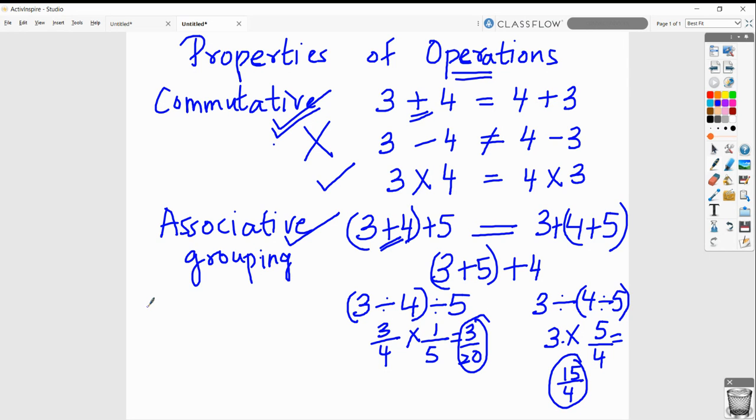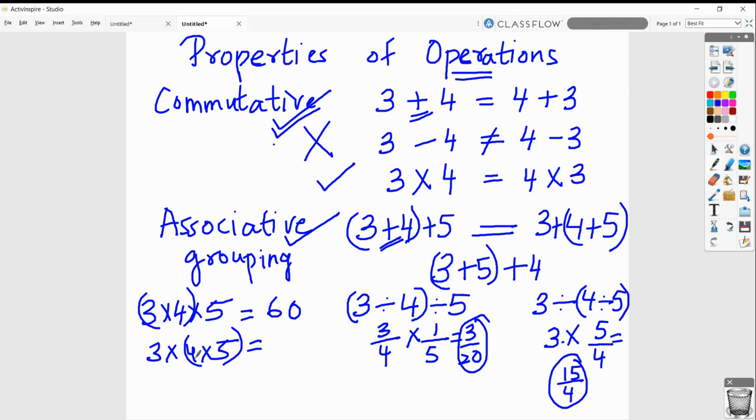But if you take the case of multiplication, right? 3 times 4 times 5. If I group it in this way, or I group the 4 and 5 first and then multiply 3 later, do you think I'll get the same answer? 3 times 4 is 12, then with the 12 I multiply the 5, I get 60.